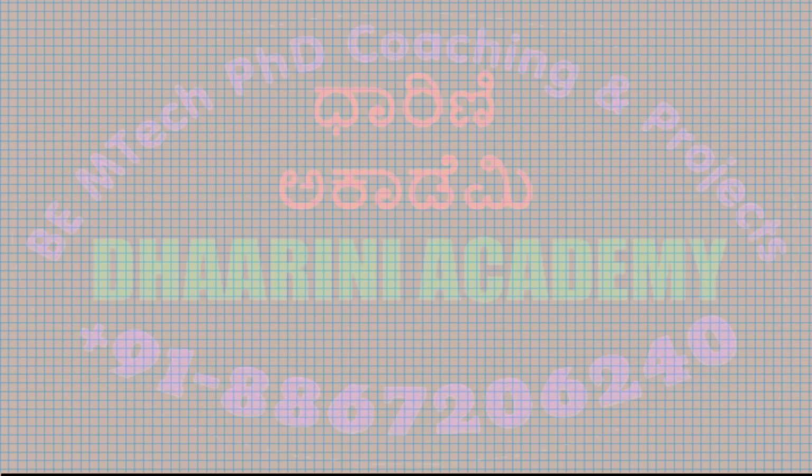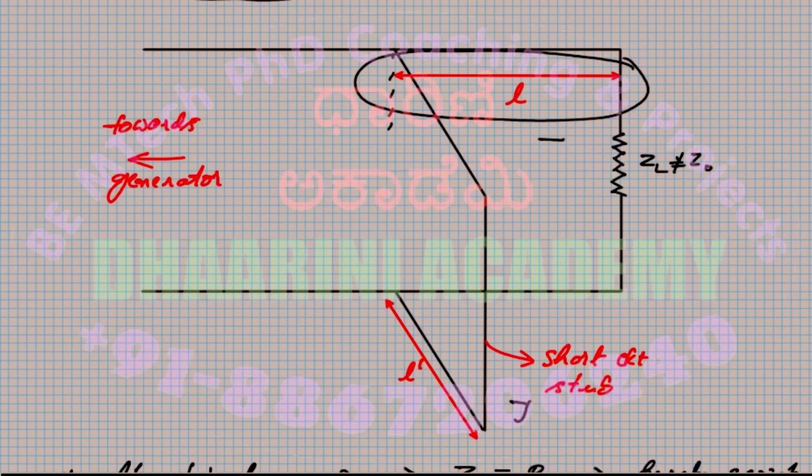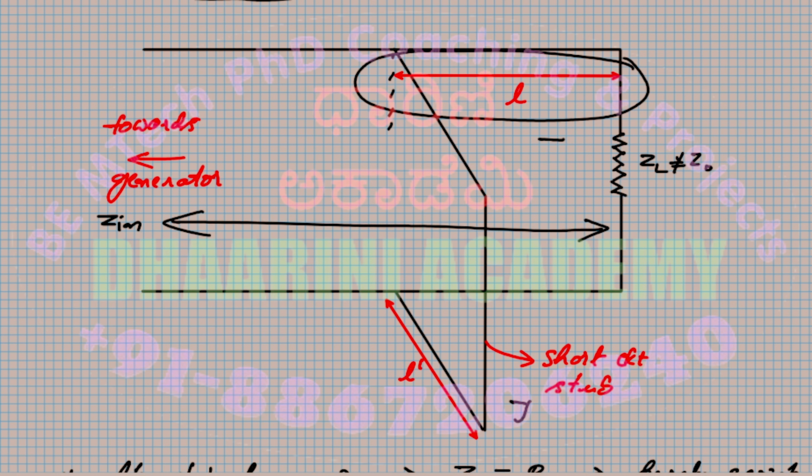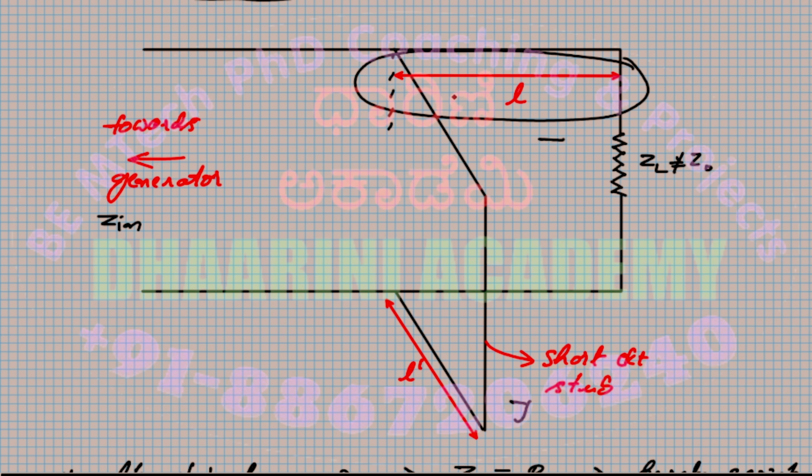I'll quickly go back to the diagram just to make things clear. I started with the equation of Z in, assuming that I know the complete length of the line. But I will put this in the equation of Z in, that L which is required to convert the real part to some R naught plus jXL.